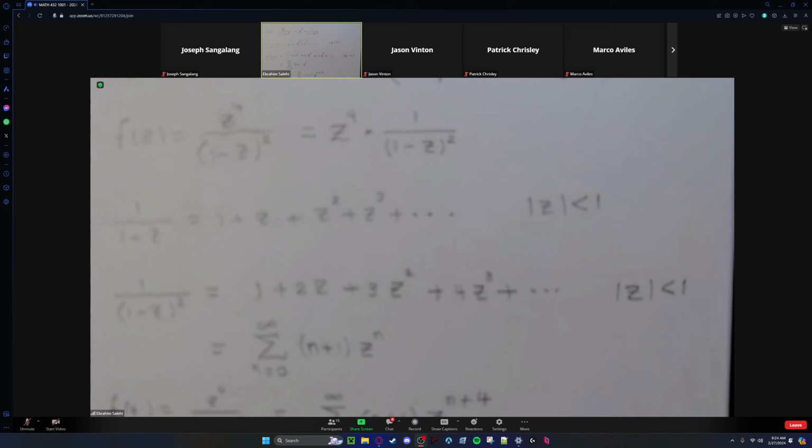So pretty much you're now able to do all the problems of 15.3 and possibly 15.4.